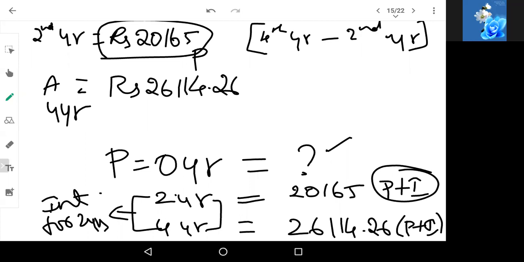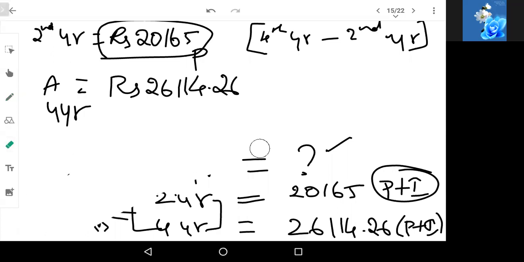So using this interest, we will be calculating the rate of interest, and later we can calculate the principal. Are you all able to understand the logic? How are we trying to do it? Yes? Good.